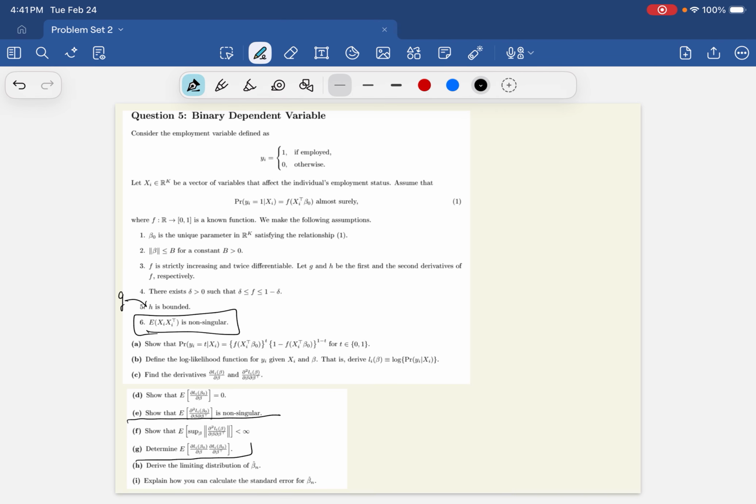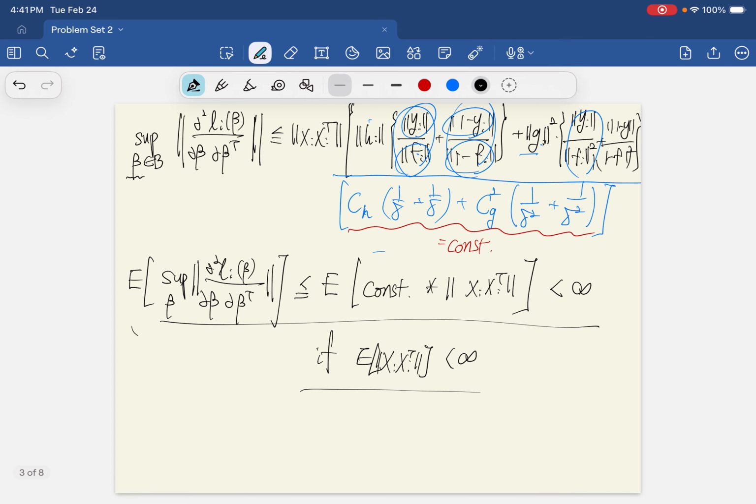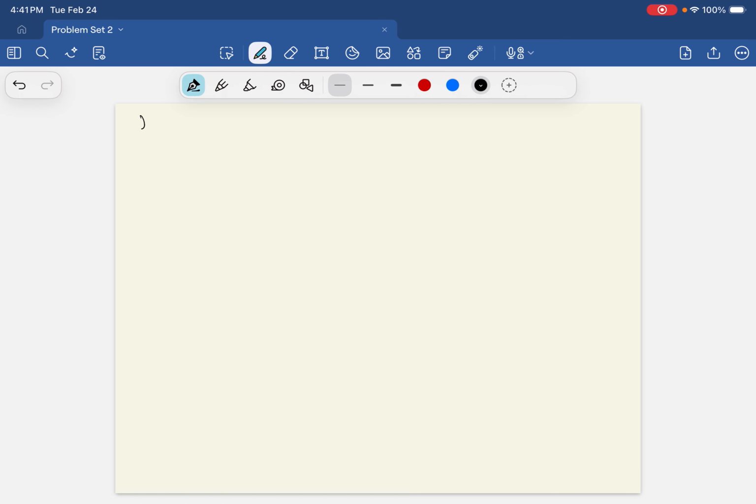Next, we are going to determine this guy. So first, remember the first derivative equals x times gi beta 0 times yi over fi minus 1 minus yi over 1 minus fi.